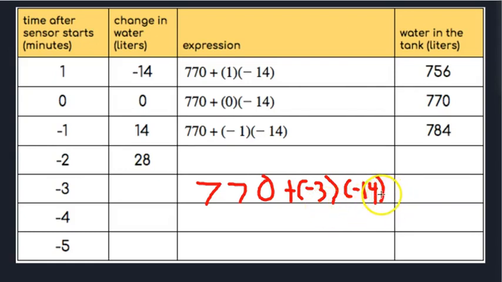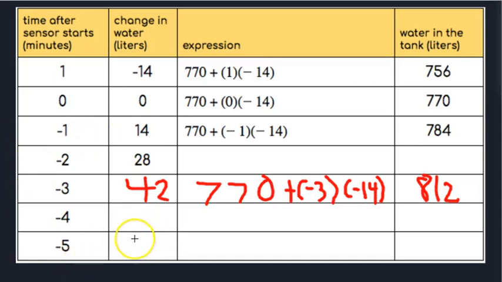Yeah, so in this situation, we would have 42 added, which would give us 812. And the reason why is that, thinking about it, that negative in this situation means that this is 3 minutes before the sensor kicked in, because remember we said that 0 was when the sensor kicked in.